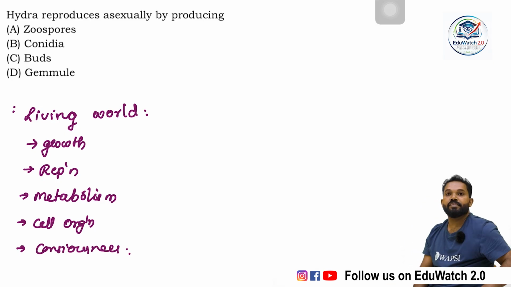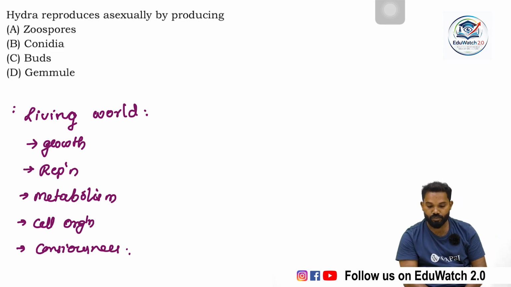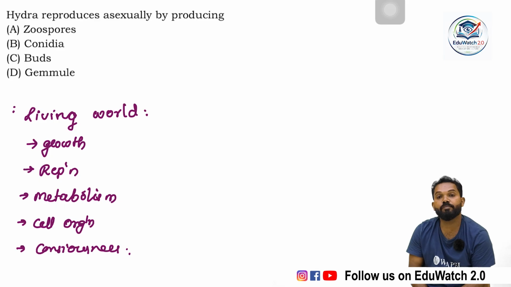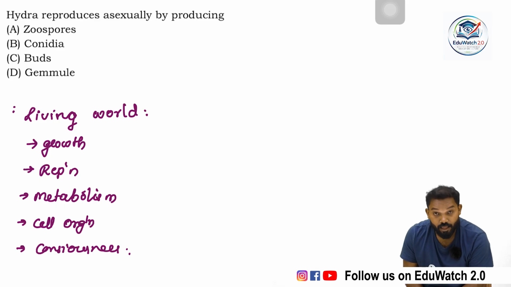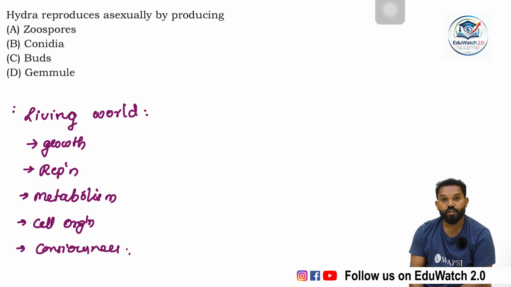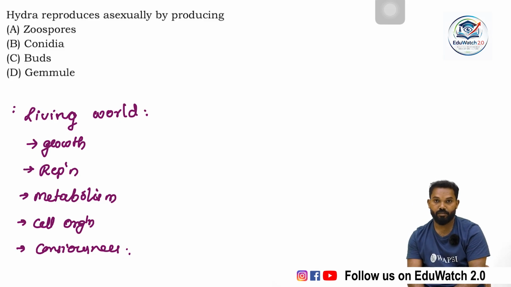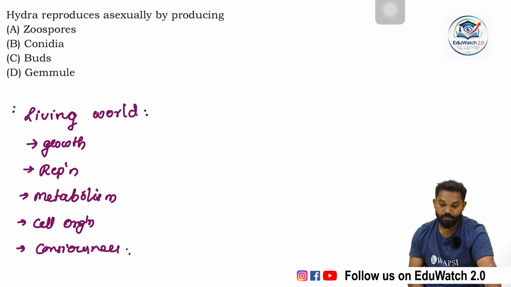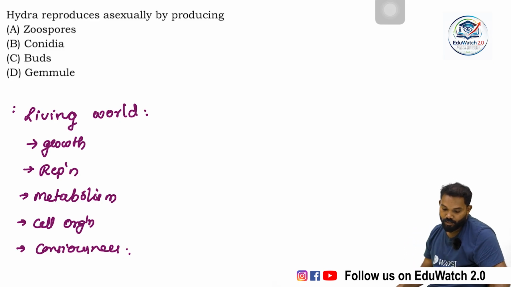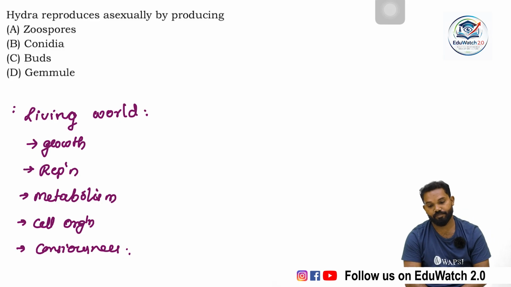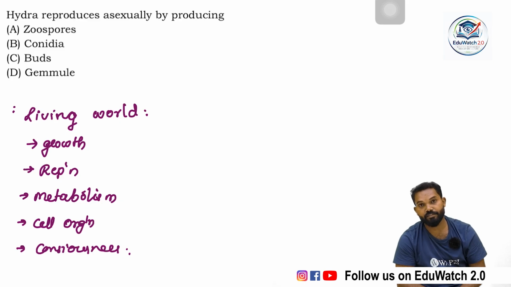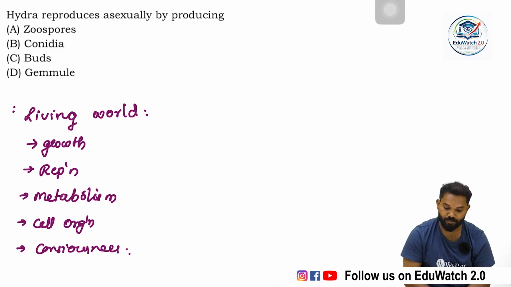The major characteristics of living organisms are growth, reproduction, metabolism, cellular organization, and consciousness. Among these, growth and reproduction are not considered important characters, while metabolism, cellular organization, and consciousness are the main characteristics of a living organism.